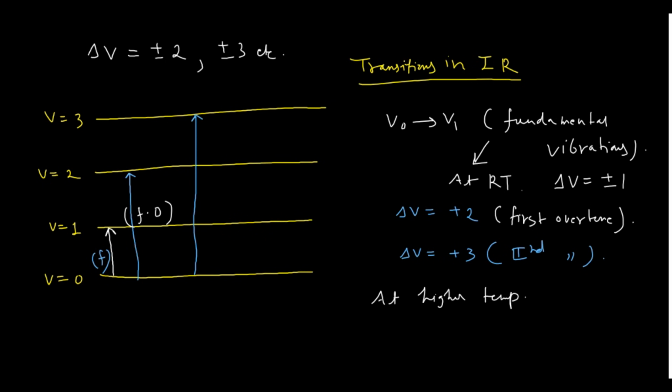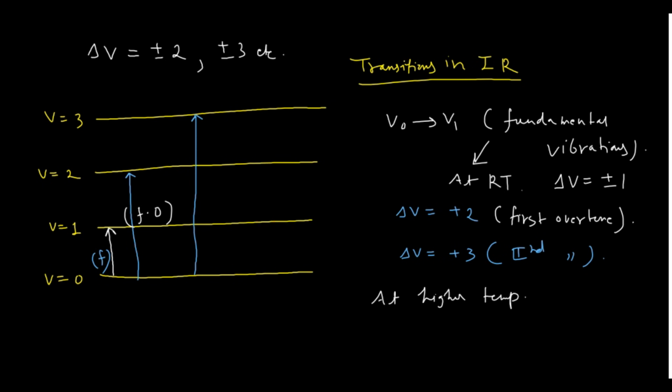Earlier, at room temperature, the maximum population of molecules is only in V equals 0, the lowest vibrational state. But if you increase the temperature of the system, then your molecules may be promoted to the first vibrational level. Now this first vibrational level will have appreciable population. That means now the transition would occur from V equals 1.